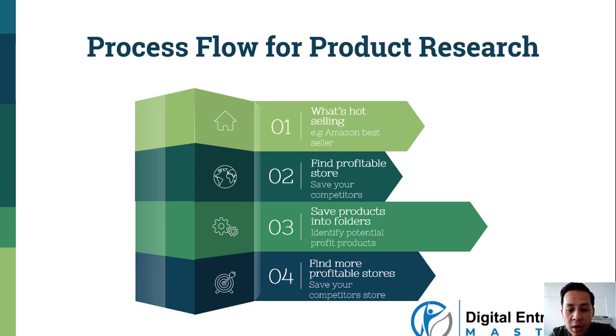And step number 4, after you find more profitable stores, you can just repeat to find more such stores. At the same time, you can also use the information that you gather from your competitors and retailers, for example stores like Target, Walmart, to make a decision on what item to sell.